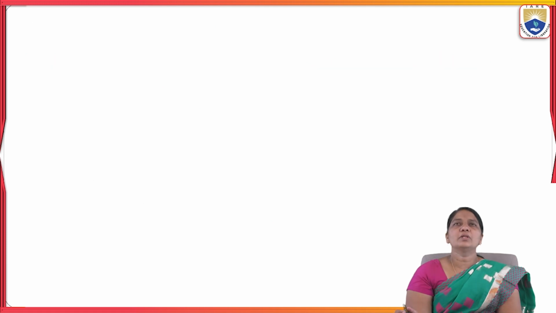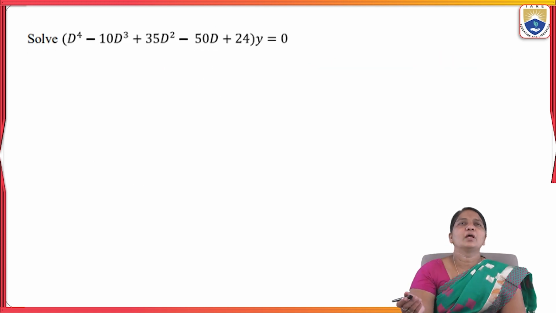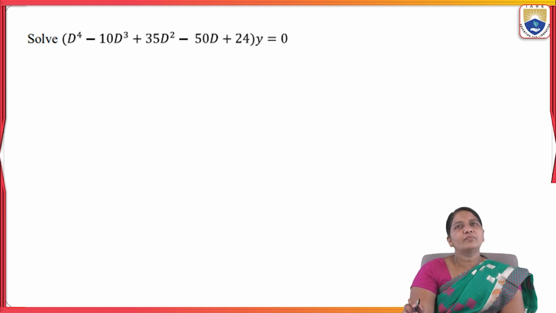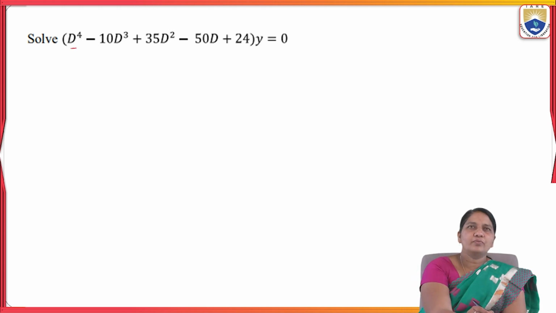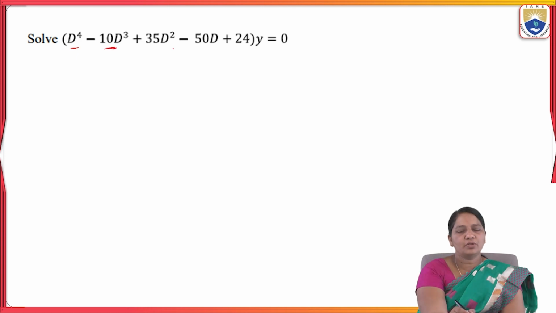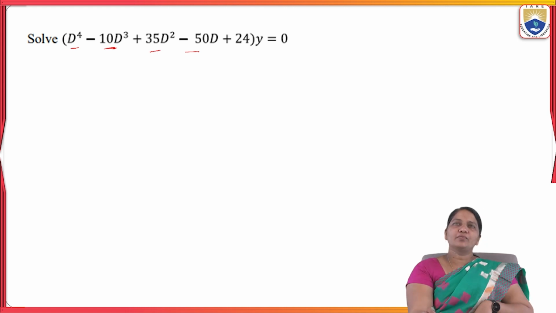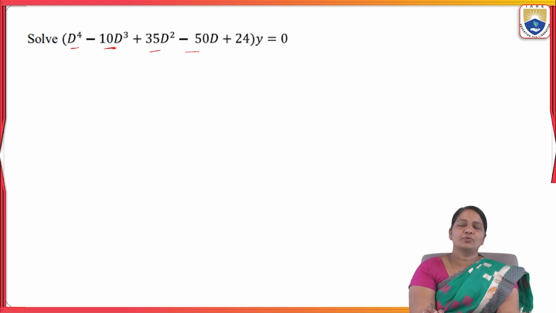With one more example here. Solve. So here the given operator is directly given. So d power 4 minus 10 into d cube plus 35 d square minus 50 into d plus 24 equal to 0. So here they give an f of t value.